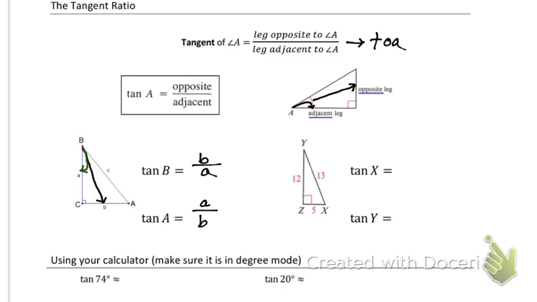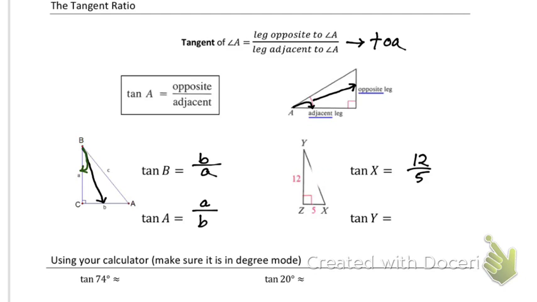All right, let's do some numbers. So if we look to the right there, it says tangent of angle X. What would tangent of angle X equal with those numbers of the sides? Libby? 12 over 5. Yeah, perfect. The good thing about tangent is it doesn't use the hypotenuse.